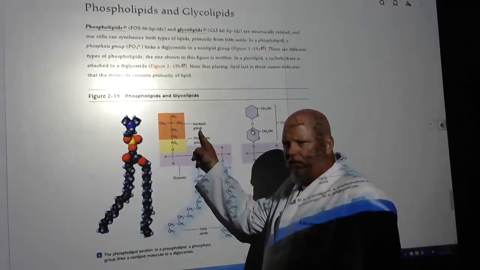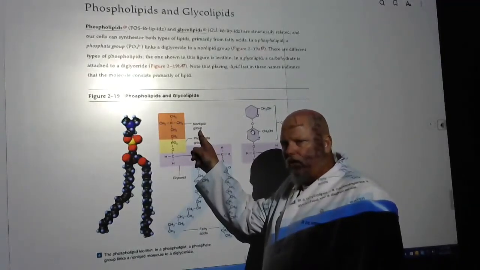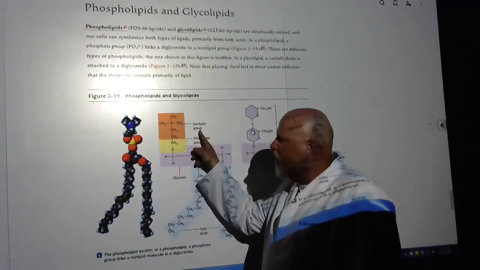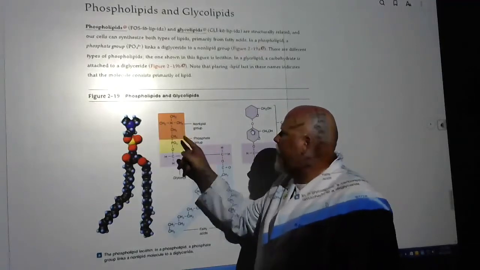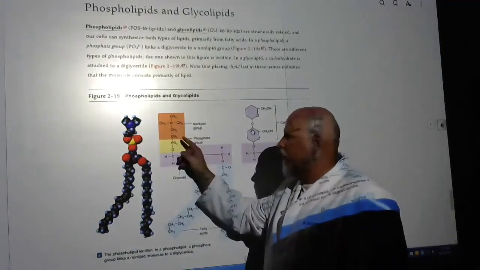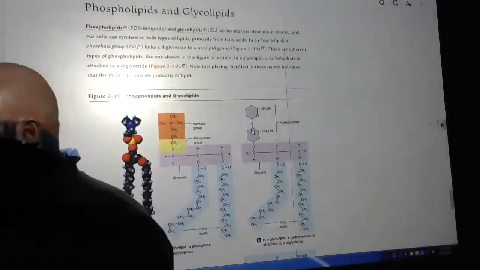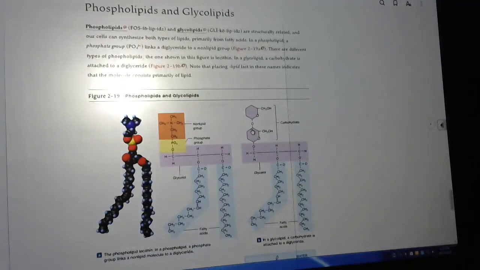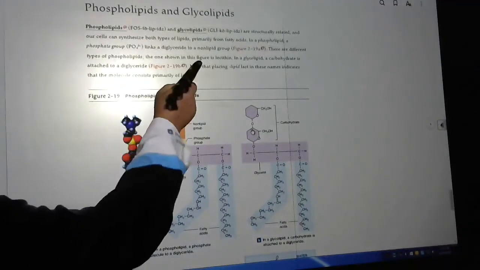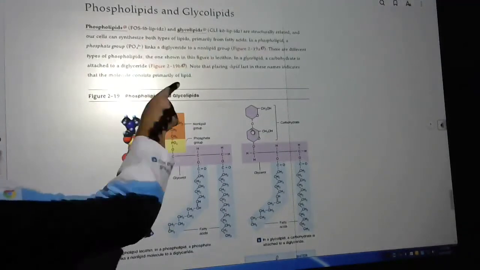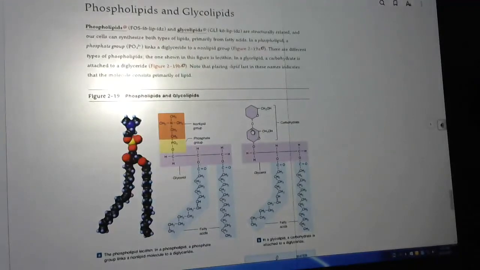Non-lipid, right? Oils and fats are lipids, right? So polar head, like water, is non-lipid. Tails, which are fatty acids, okay? When we talk about the phospholipids, this is describing a cell membrane, which we'll talk about in chapter 3, cell membrane.